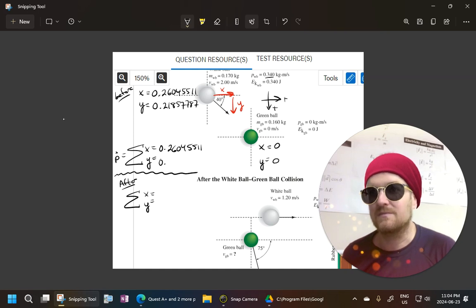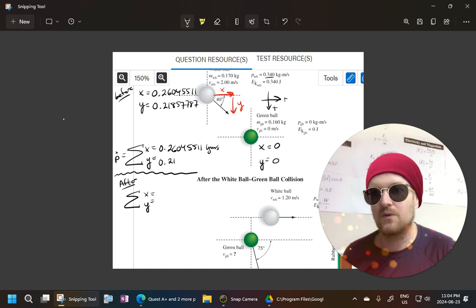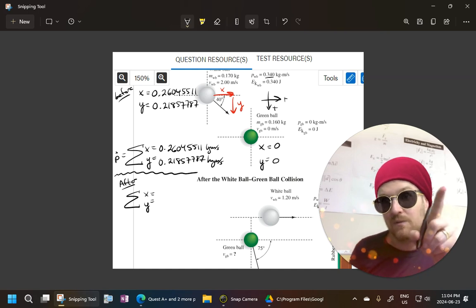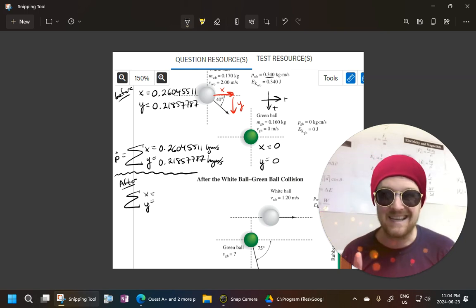Remember, these are the momentums, kilogram meters per second here. So these are not the velocities. That would only work if the masses were all the same, because then they can divide the masses out of the equations, and then it wouldn't be necessary. But all the masses are slightly different. That's 0.17, that's 0.16. I can't do that.